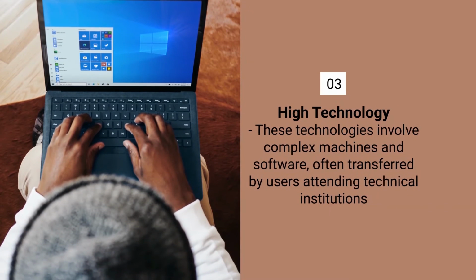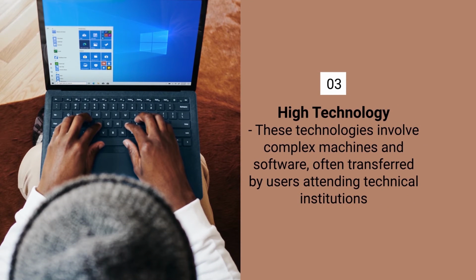Third category in hardware and software is of high technology. These technologies involve complex machines and softwares where the technical institutions provide training for their handling or for their operations.